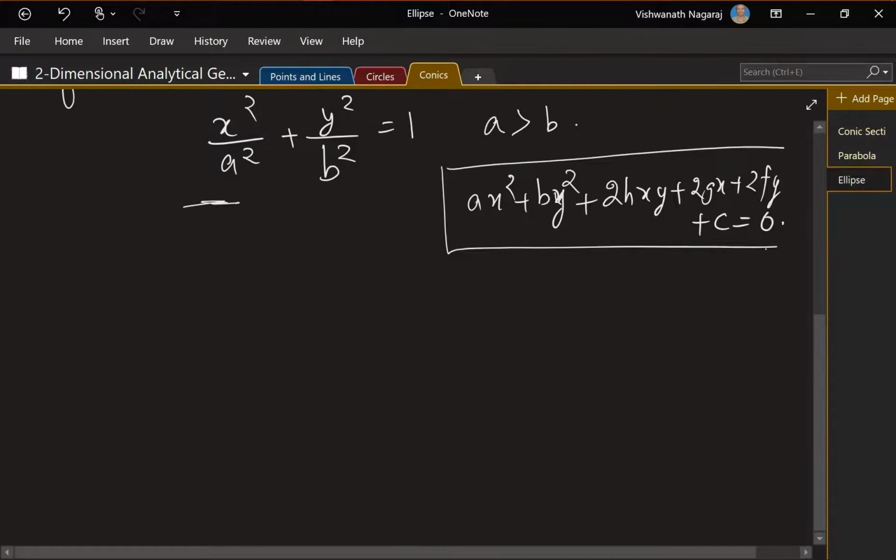Now, let's do the derivation. How did this equation come? So let S be the focus and L be the directrix.